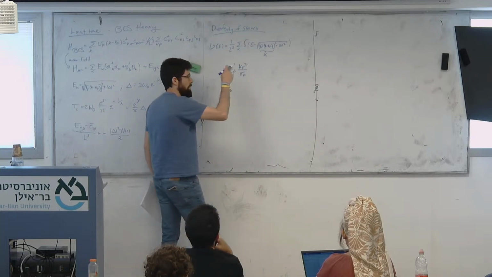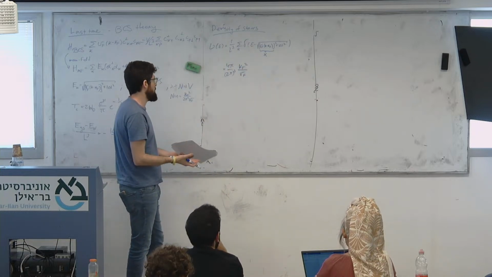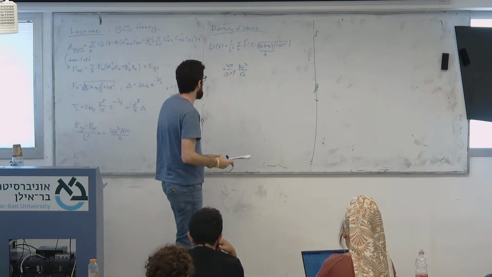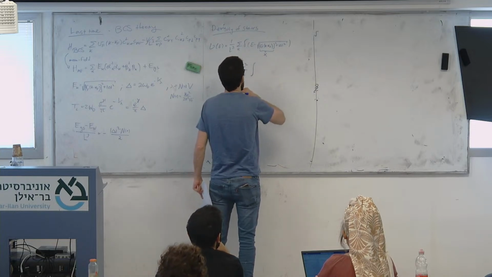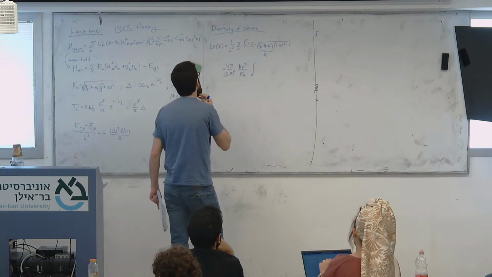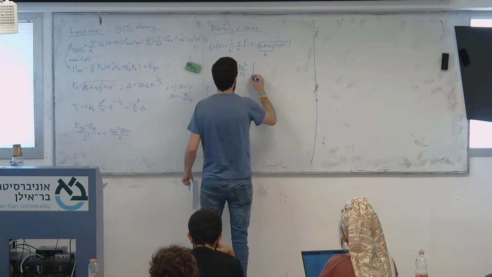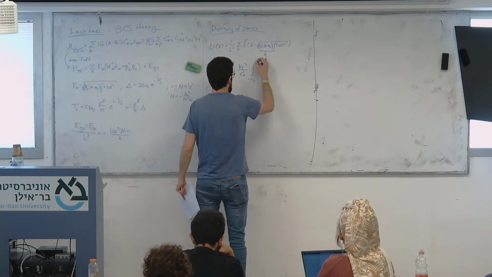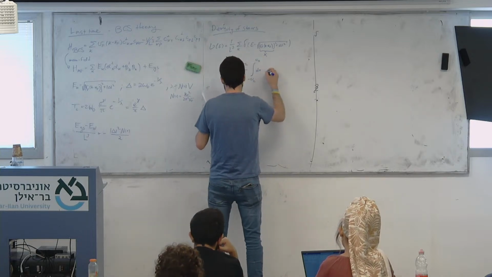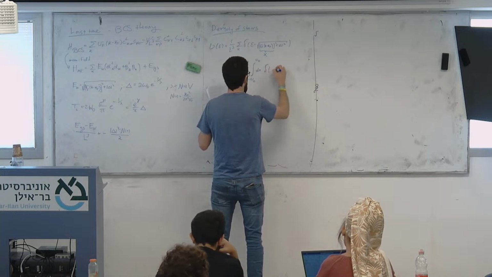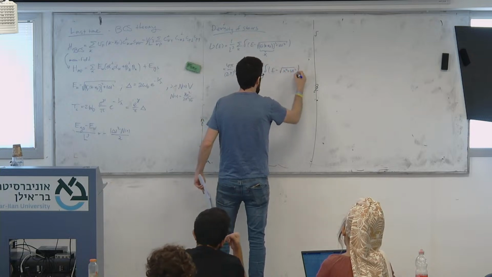Let's also do the integral over the solid angle over the entire sphere, because everything is spherically symmetric, and we get 4 pi. Now we're ready. We have a factor of 2, so it's from minus omega D to omega D, dx delta of epsilon minus square root of x squared plus delta squared.